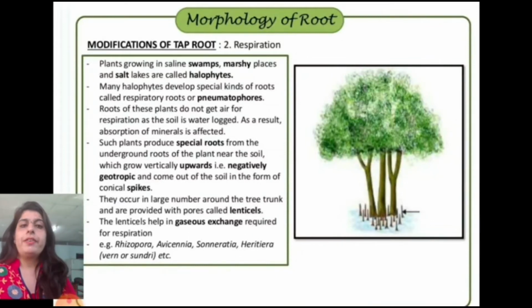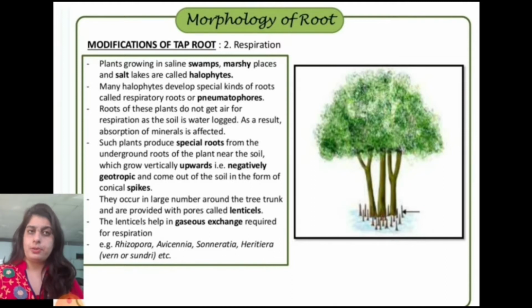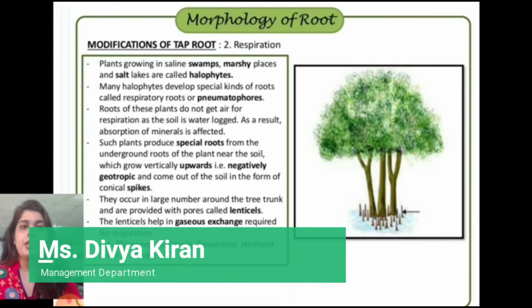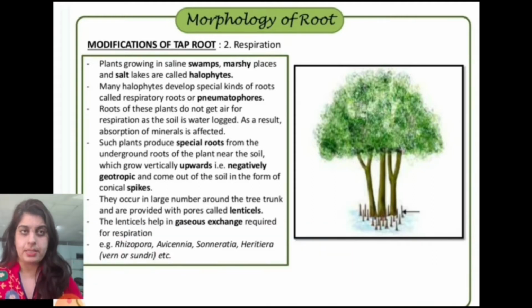Next, the modification of taproot can be done according to the process of respiration. There are some plants which grow in water, in swampy and marshy places, and these plants are known as helophytes. In these plants, special roots grow from the underground, which vertically grow upward, and they have a negative geotropic effect.